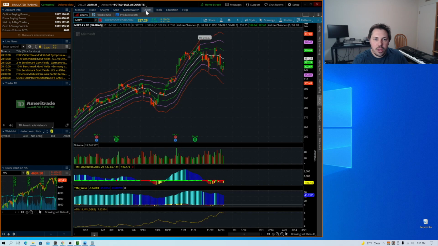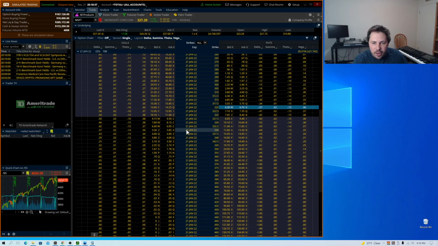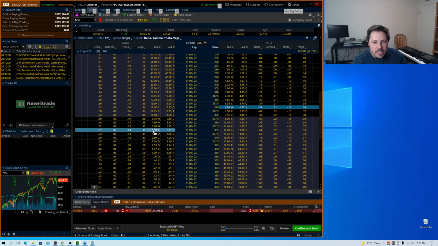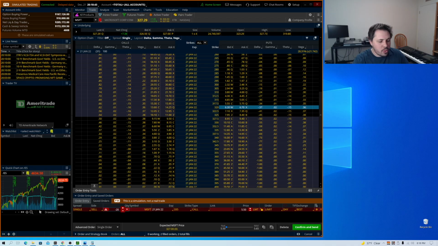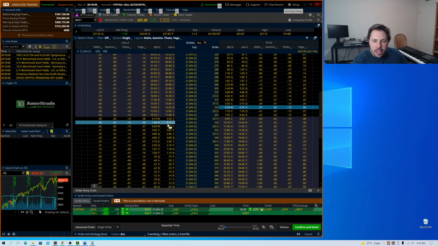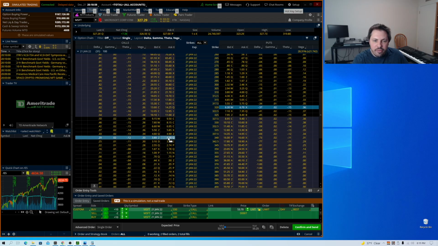So for the directional play, if we thought Microsoft was going to go up, we could come up here and we'll actually do a 5-point spread. So what we'll do is we'll sell 2 of these 335 calls, and then we will buy the 330 and we'll buy the 340.